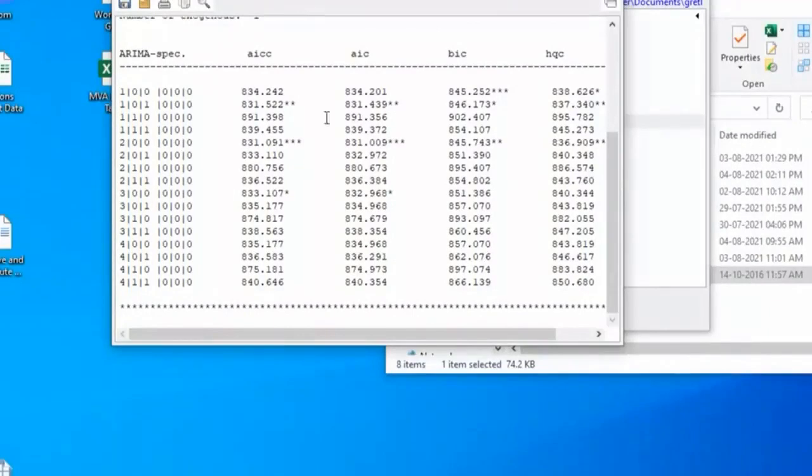So out of these two, the information criteria favor ARMA 200, this one. So now we can go back to that ARMA specification, and there we can do 200 and then estimate the particular model. Is it clear?